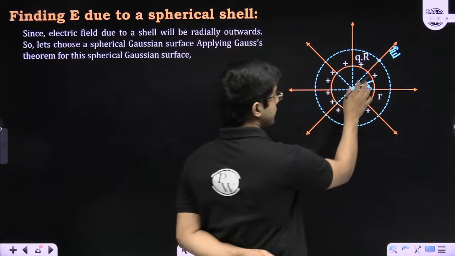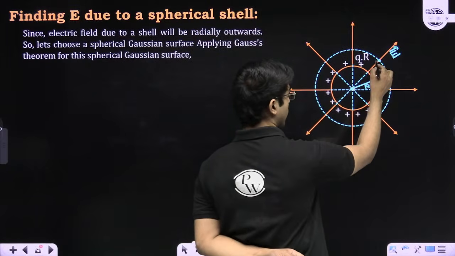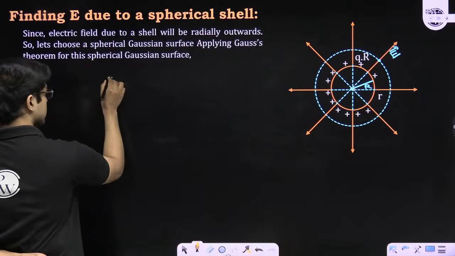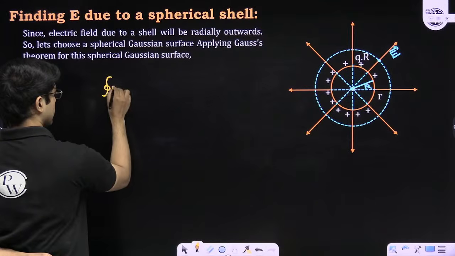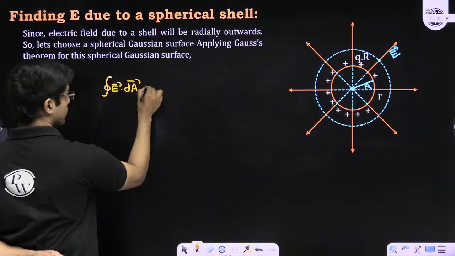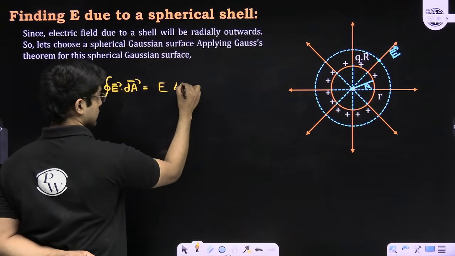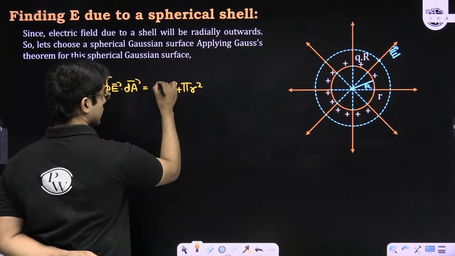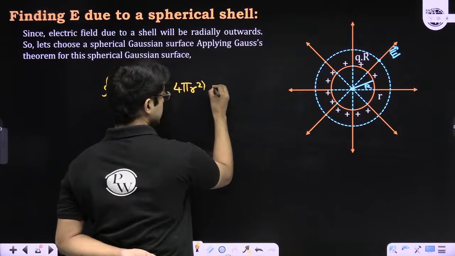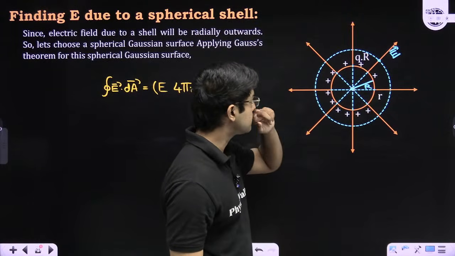Because the field pattern is similar to the point charge example, the left hand side of Gauss law, that electric flux term, will be the same as the previous one, which is E into 4 pi r square, E into area of the Gaussian surface. This will be the left hand side of Gauss law. For the right hand side, count the amount of charge inside this blue surface.